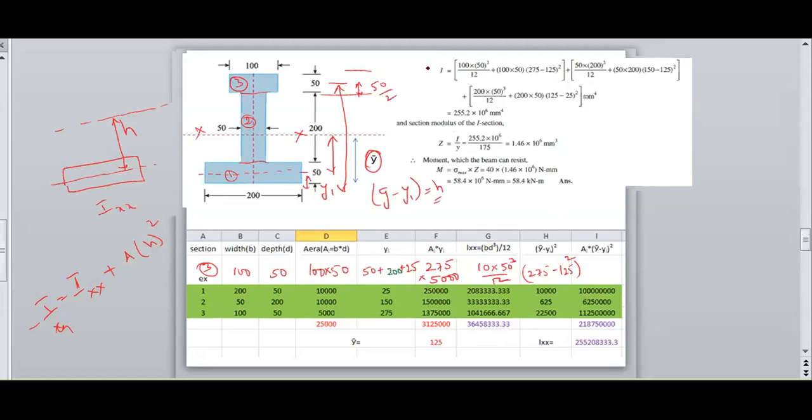I can use the same formula for each and every cross section: first for the first cross section, then the second, and then the third. And I need to add all these to get the total Ixx for the global centroid.